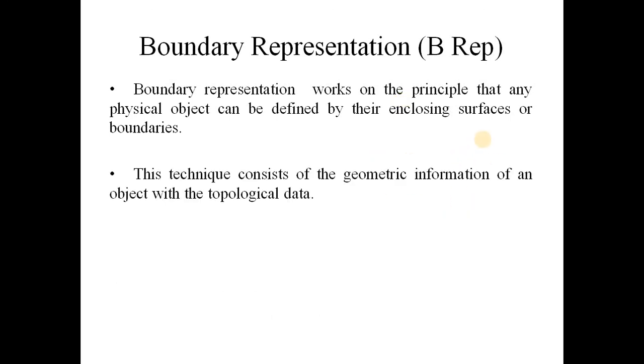This technique consists of geometric information of an object with the topological data. So boundary representation uses the topological data and geometric information to make a solid model. Now what is geometric information, and what is topological data, that we'll see.